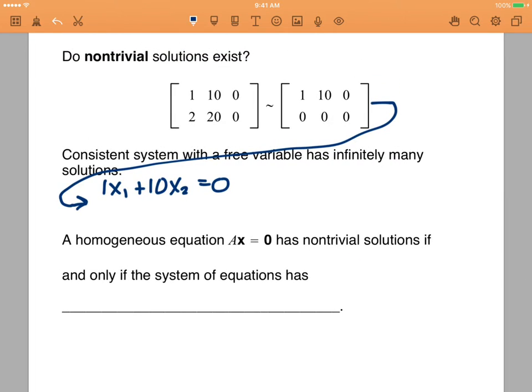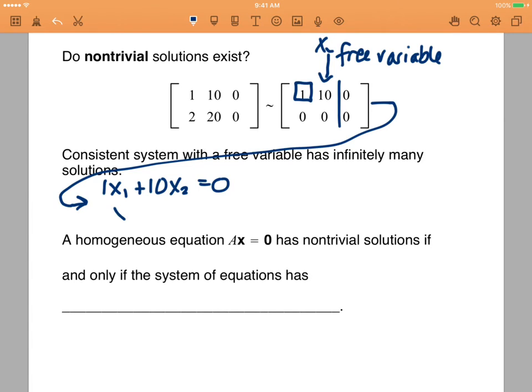Back in our reduced echelon form, this is a pivot position here, there's our augmenting line, and that makes x2 our free variable, which means we're going to write everything in terms of x2.